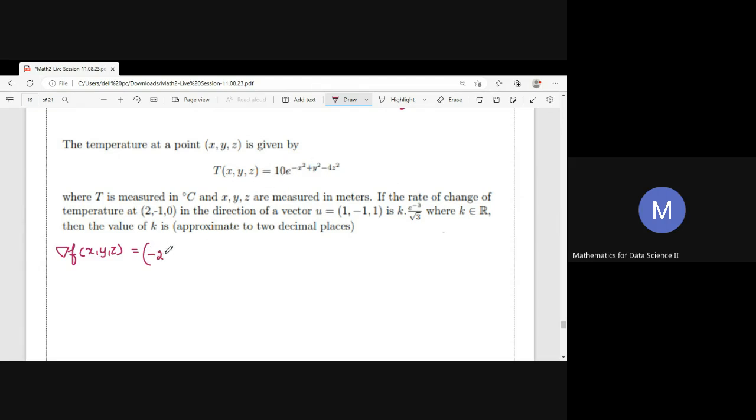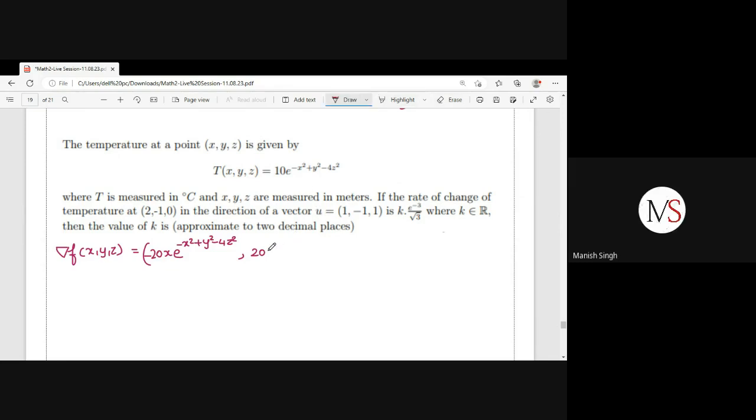So you can straight away write minus 20 e power minus x squared plus y squared minus 4 z squared. Here also x is missing, right? You have minus 2x, so minus 20x. Same way here, 20y.